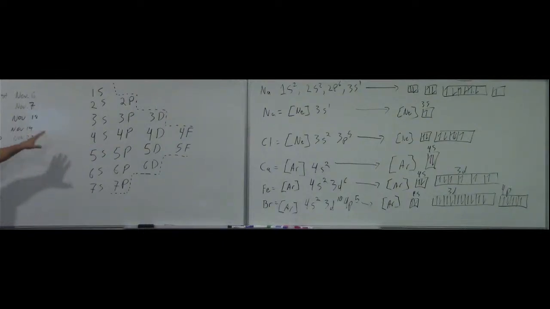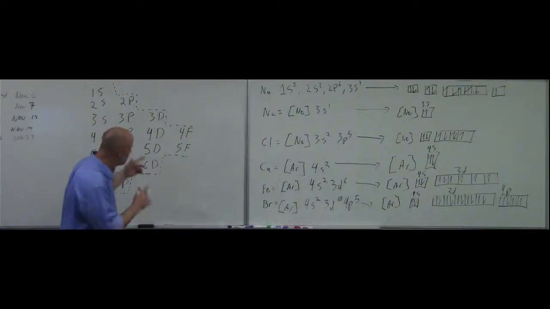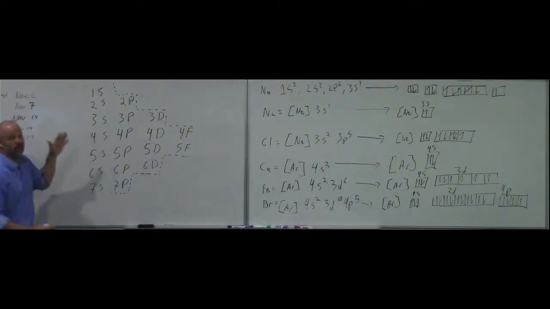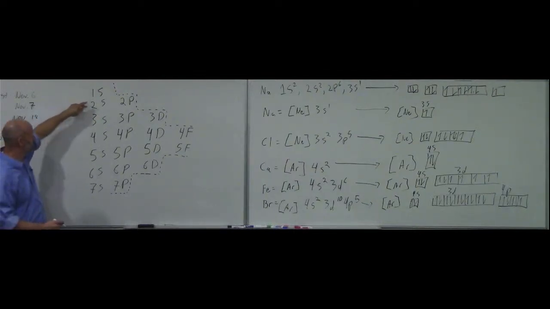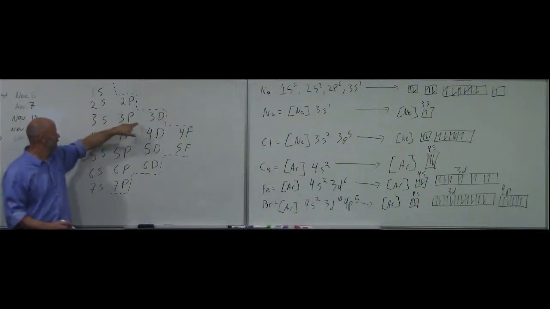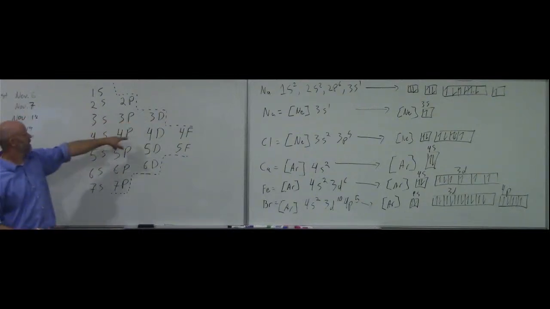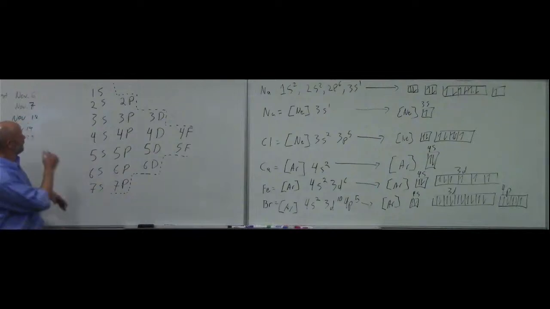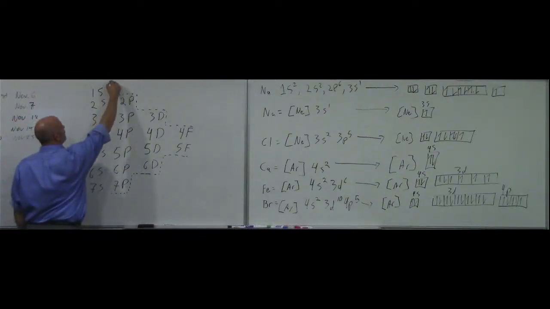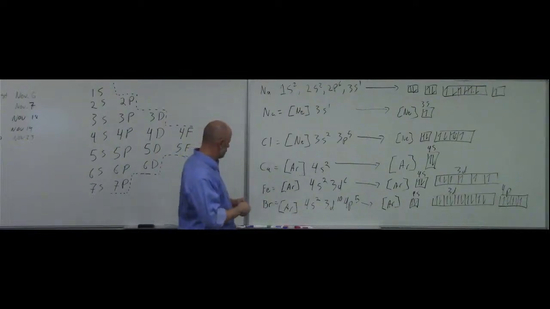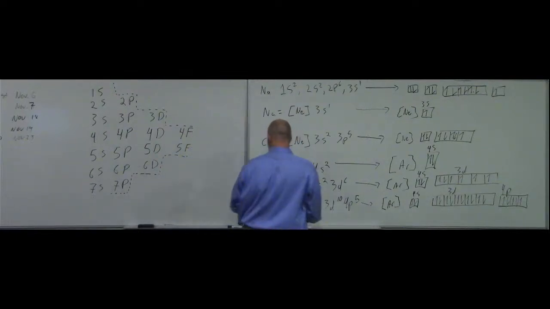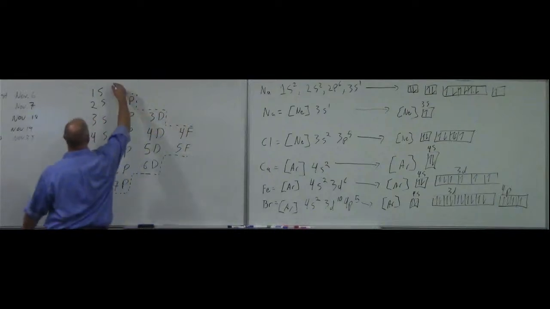I can look at this and I go, okay, great. Now, here's what's cool. This will show me the order they're filled in. I can determine that from this perfectly. I can just go 1s, 2s, 2p, 3s, 3p, 3d, 4s. Now, I'm going to use a different color, because colors are cool and I have some. So I go like this.